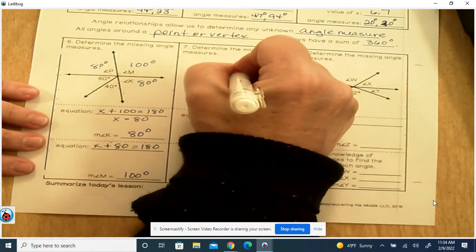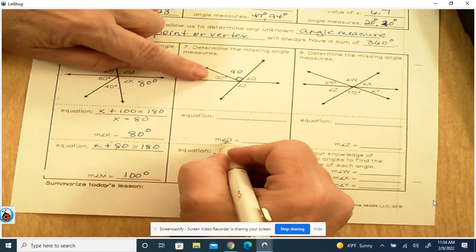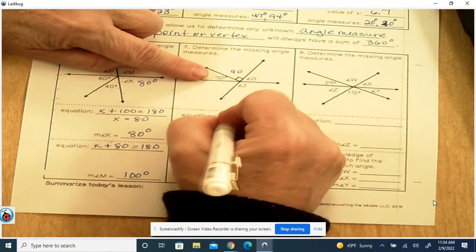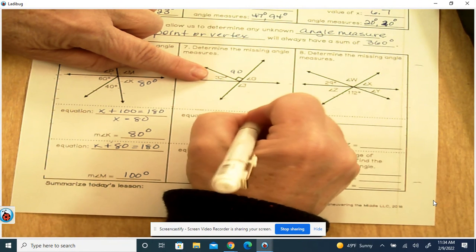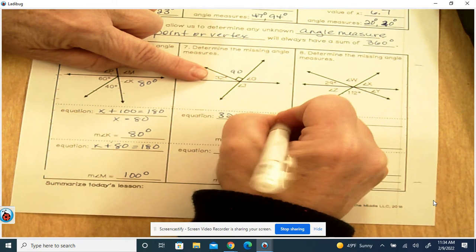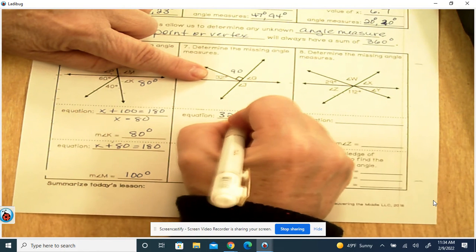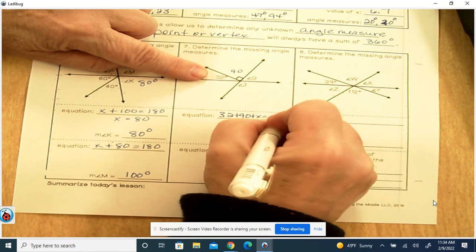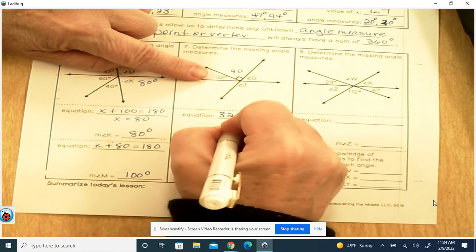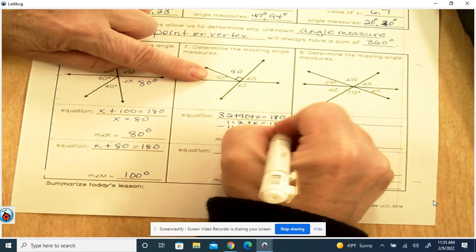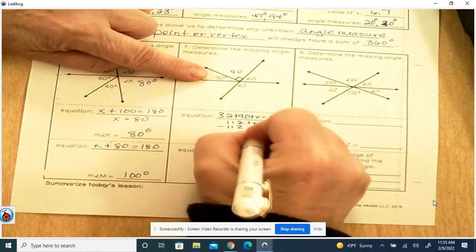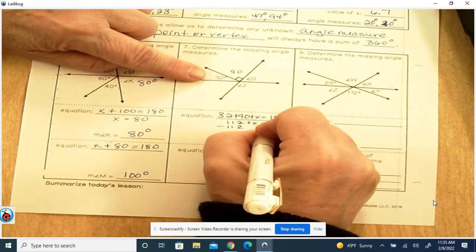Okay, we know that that's 90, and we're looking for the measure of g. So that's going to be 32 plus 90 plus x equals 180. And that's going to be 122 plus x equals 180, minus 122, and then x is going to equal 58.